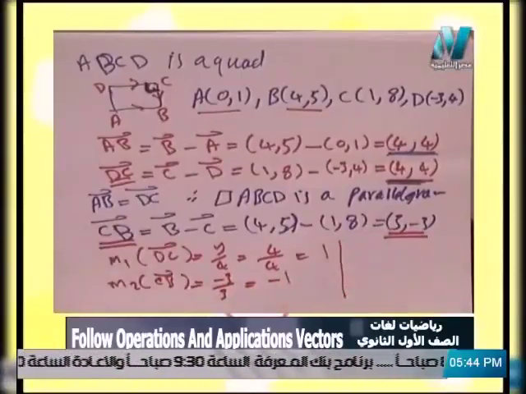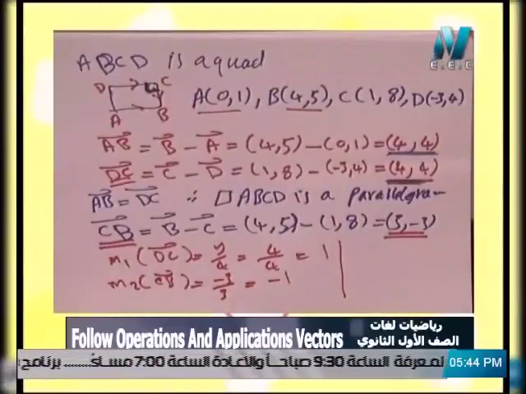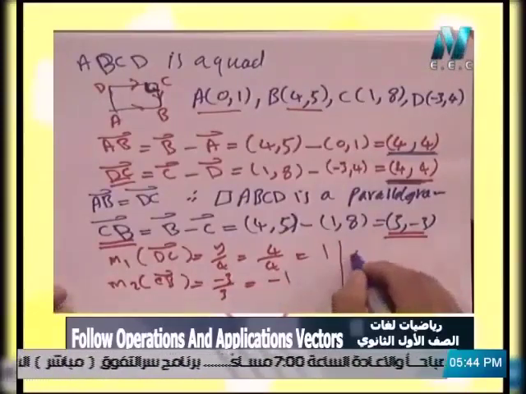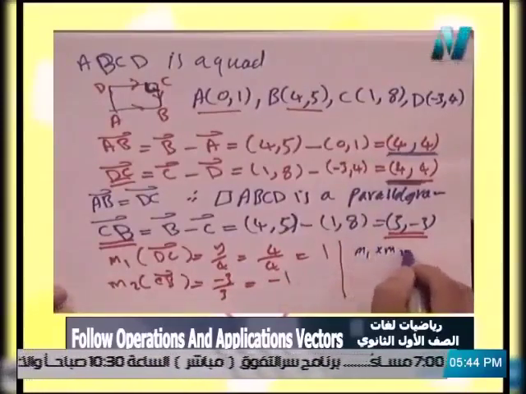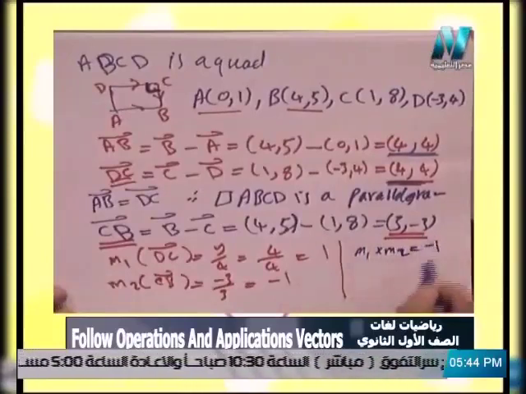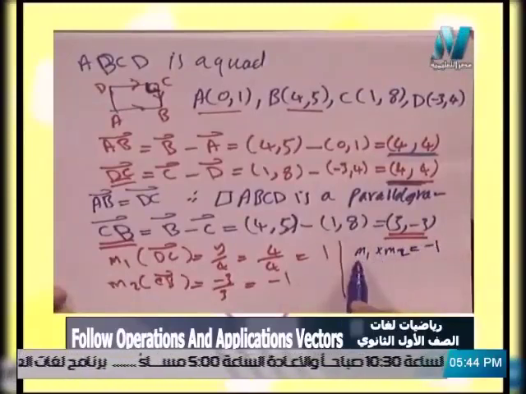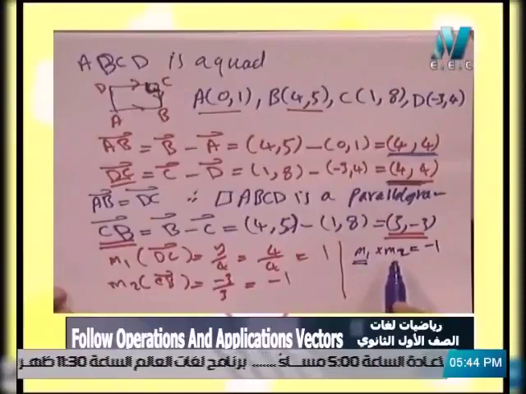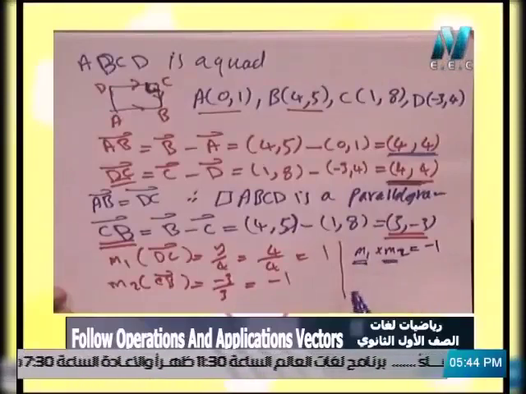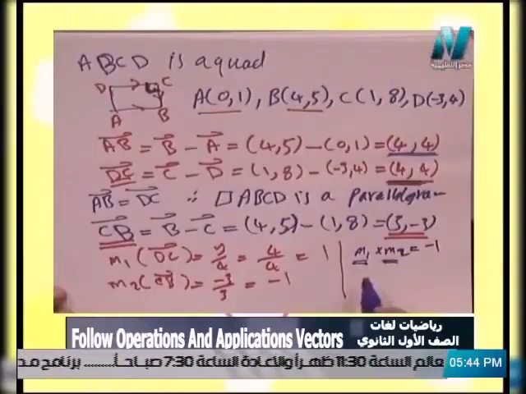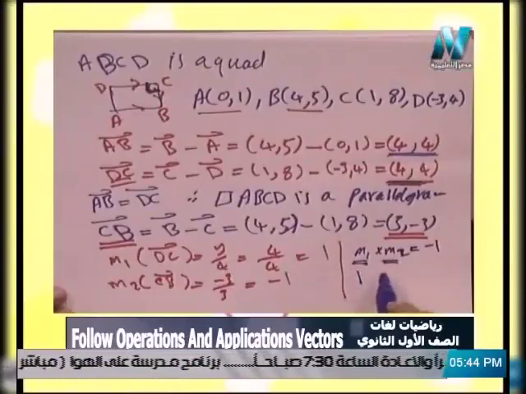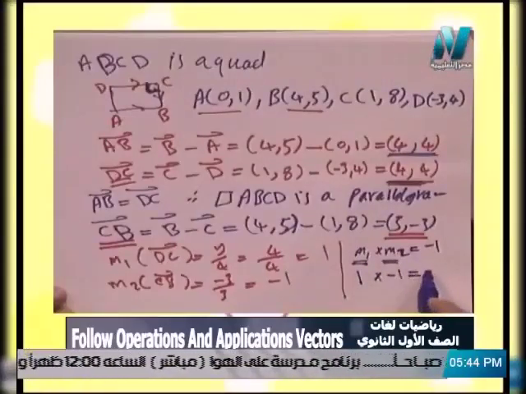We have known before that if m1 multiplied by m2 equals negative 1, then the straight line or the vector m1 is perpendicular to the vector m2. The first equals 1 and the second equals negative 1, and the product is negative 1.